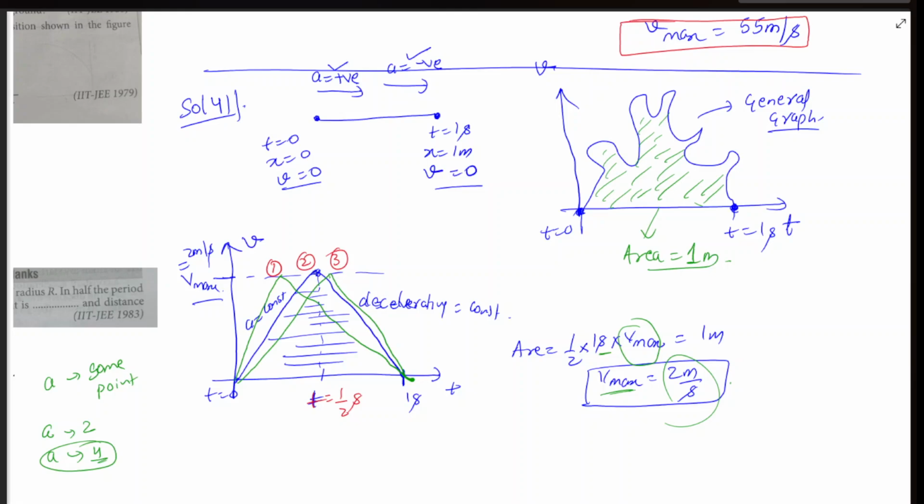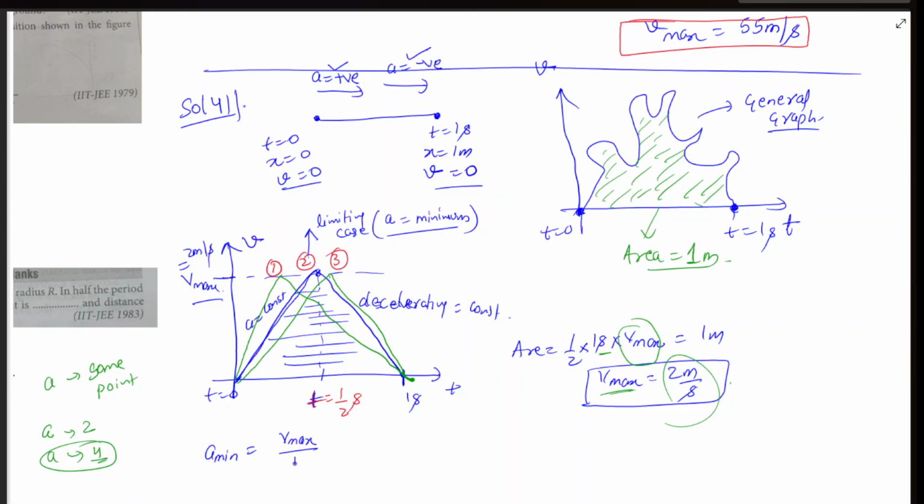So graph 2 is our limiting case, where we get the minimum acceleration. If we have the minimum acceleration for this situation, then in the other situations the acceleration will be greater than the minimum, right? So what will be the minimum acceleration here? The slope of this second graph, right?